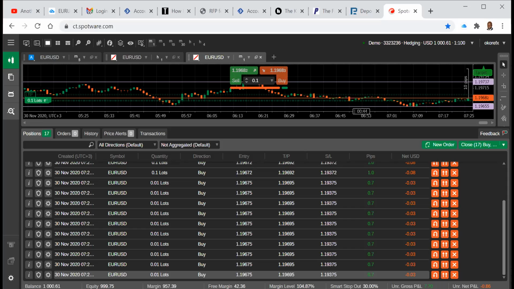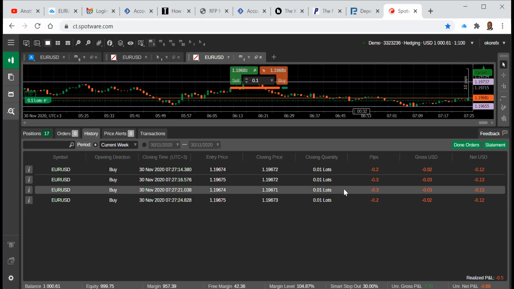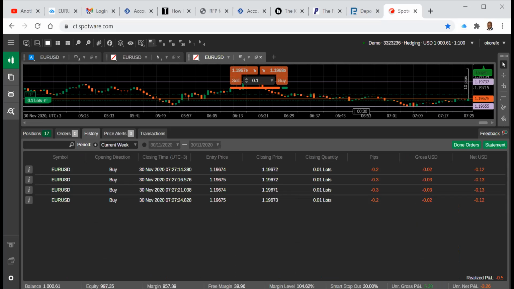Show me the statements. By the end of the day, I want you to go to your history, and then click on statements. Print a statement, the same way we've been doing it, and then send it to me.